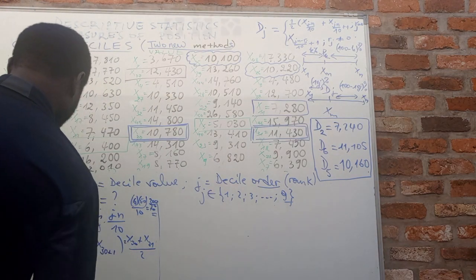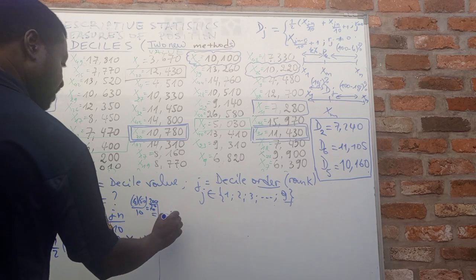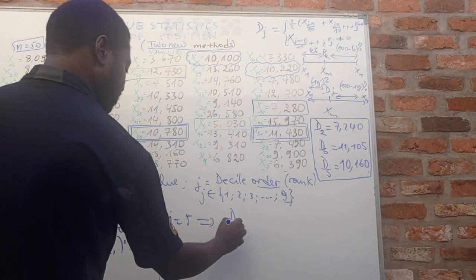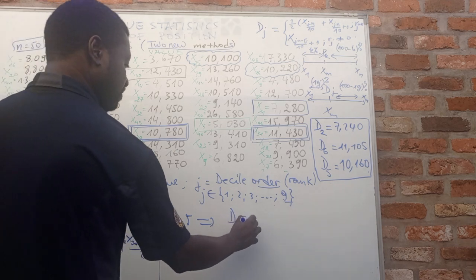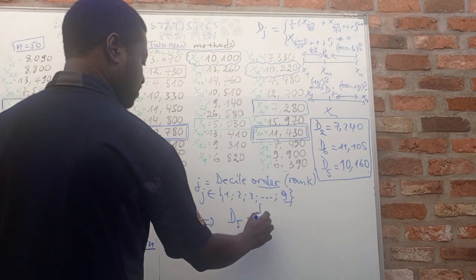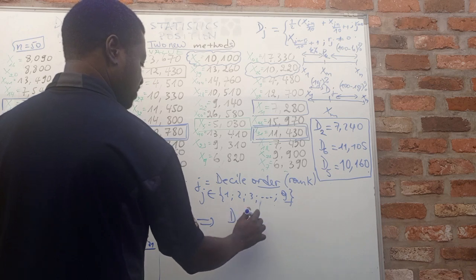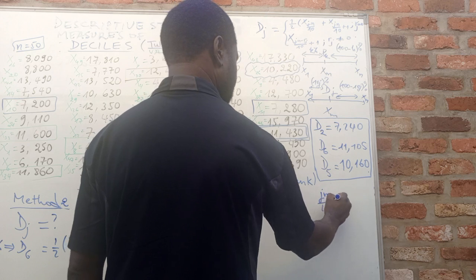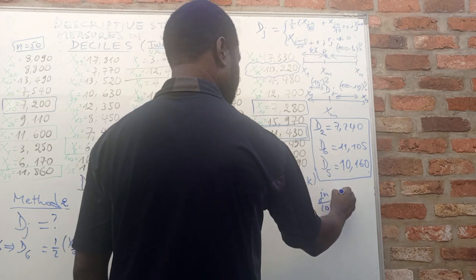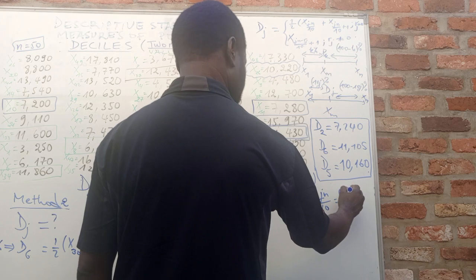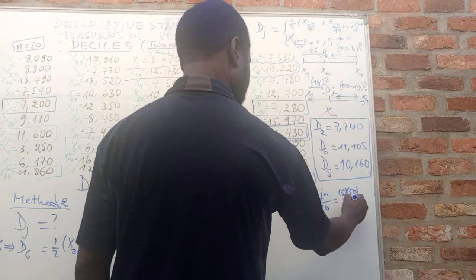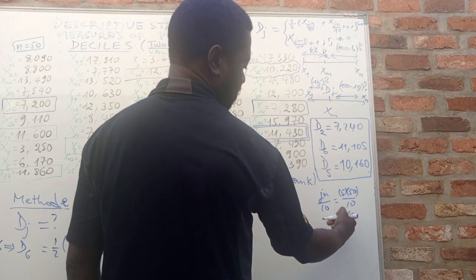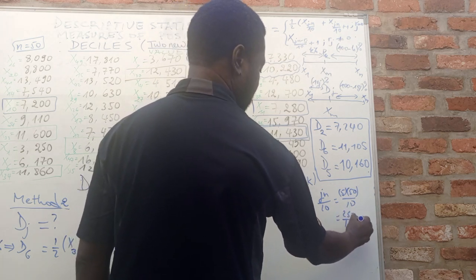Okay, so now let us finally find the last one with j equal to 5. dj becomes d5, which is equal to, depends on the division, jn over 10, which is j now is 5, and times 50 divided by 10, which is equal to 25.